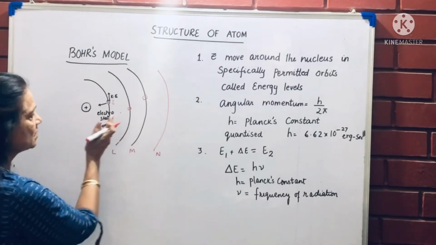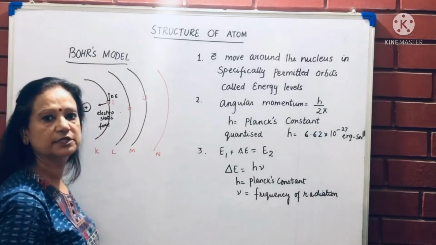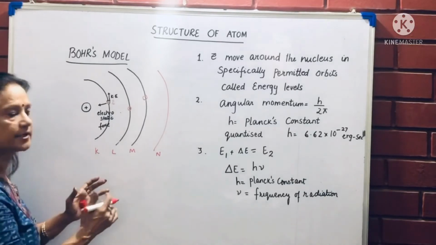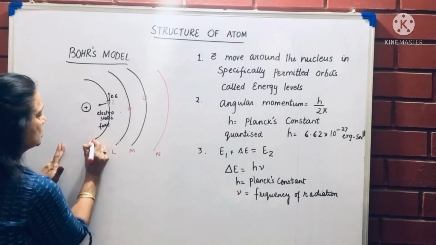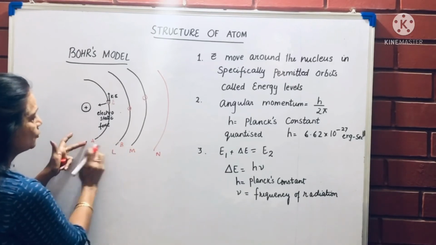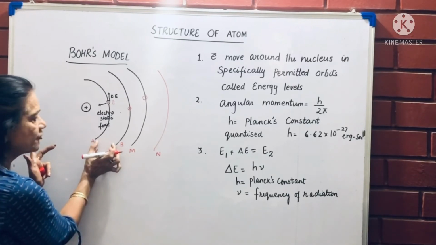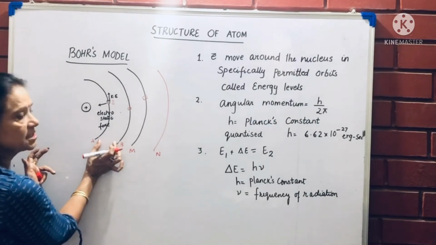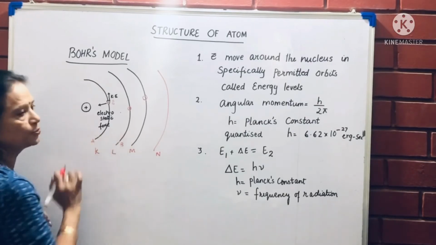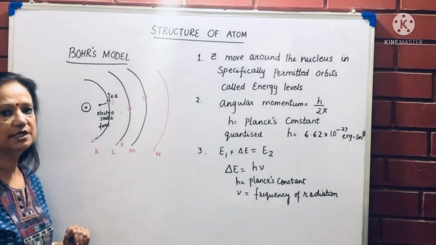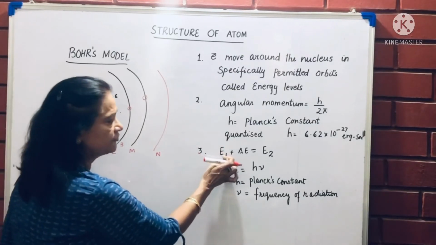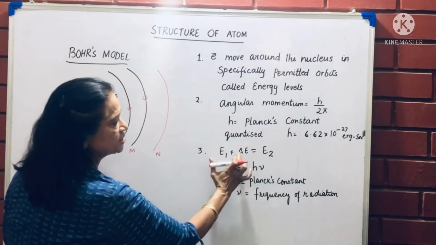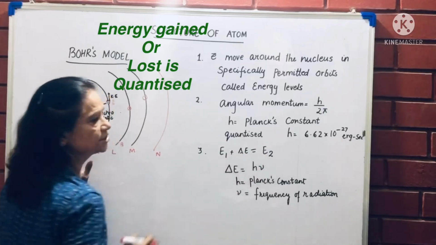Now when the electron jumps from the lower energy level to the upper energy level, it has to absorb a certain amount of energy. What is that energy? Suppose the energy here is A and here is B. To reach from A to B, the difference in energy, because this is lower energy and this is higher energy, that is, the difference of B and A, should be given to A, only then can it reach B. So the energy of the first shell must add up with the change in energy, delta E, then it will reach E2.